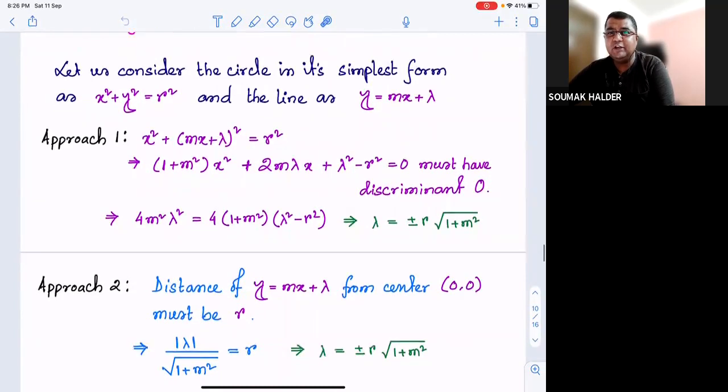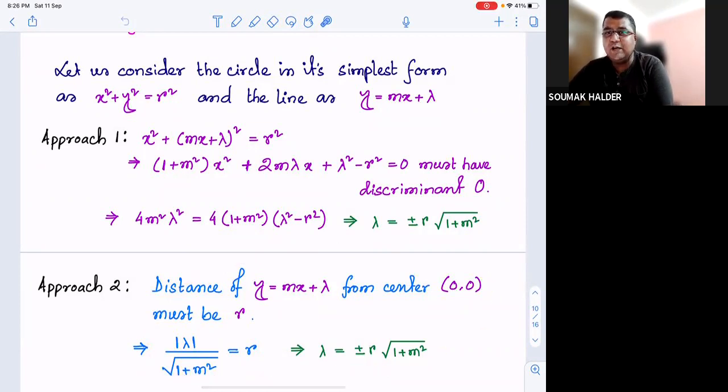So again giving us the same condition that lambda is equals to plus or minus r into root over 1 plus m square. Now you can identify, as the circle was in simplest form, both the approaches are more or less equivalent. But if we do have a greater number of terms in the equation of the circle, the second process will still stay this much.